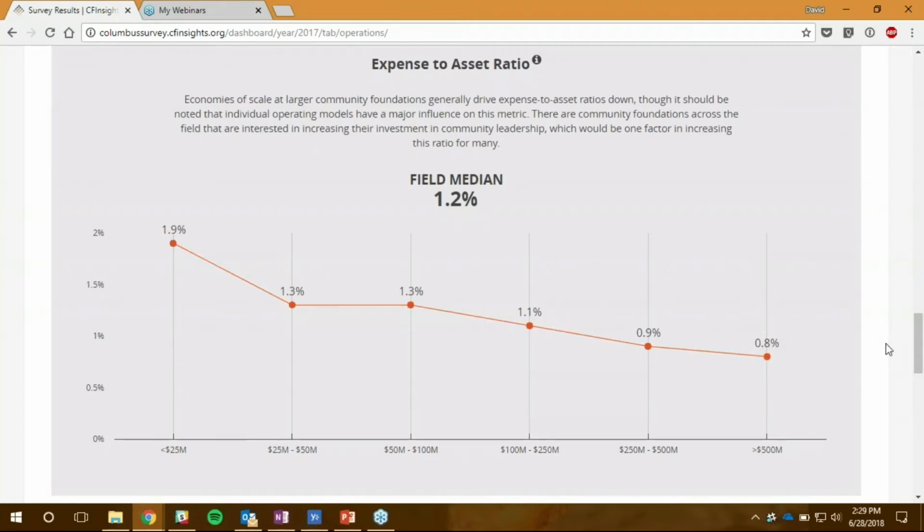Even though they do perform some direct fundraising to help raise funds for that activity, they're still making that investment, which is going to increase their expenses and therefore bring that ratio a little bit higher. So it's not uncommon at all to see community foundations above 1% or even well above 1%.